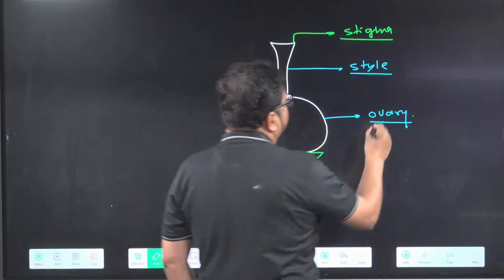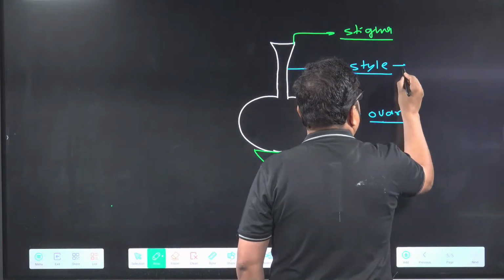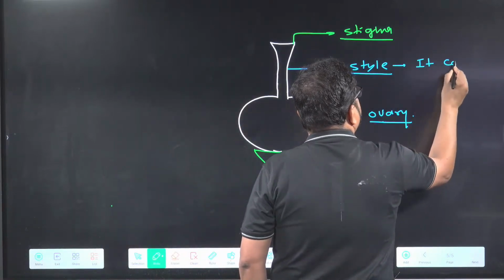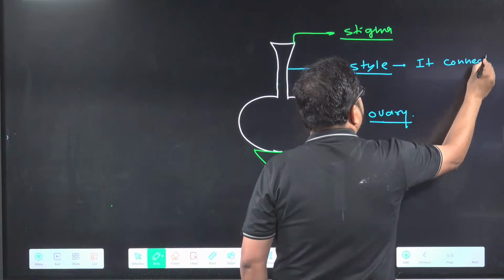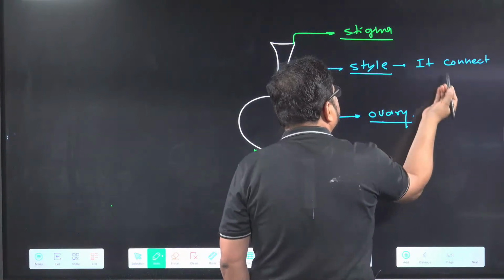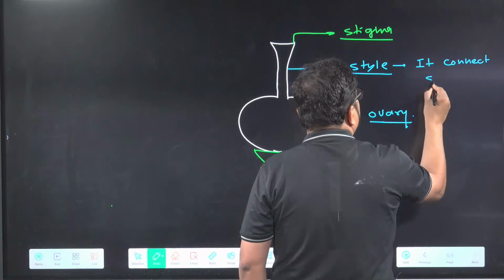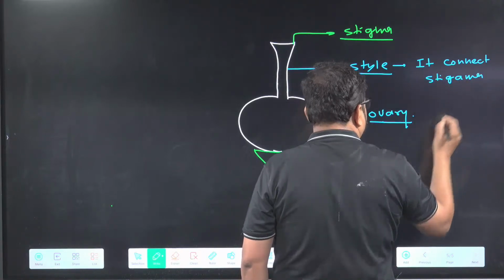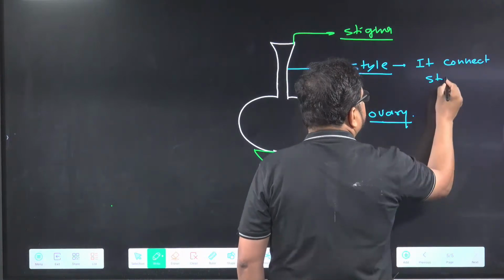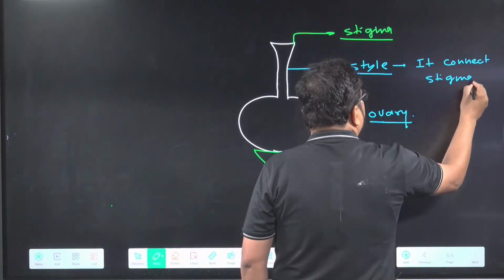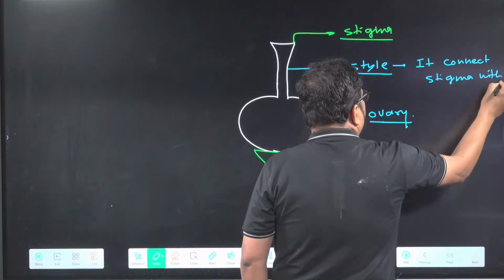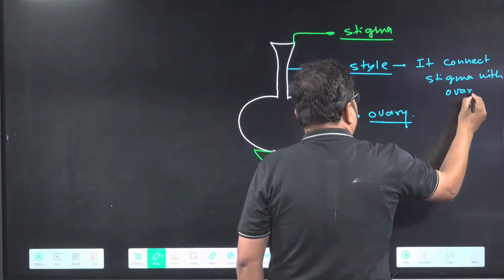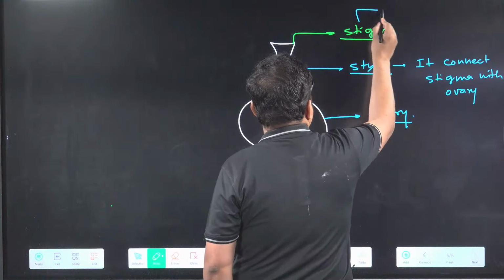So what is the job performed by a style? It connects stigma with ovary. Another job I will tell in reproduction. Right now I am telling the morphological job. And what is the job performed by stigma?